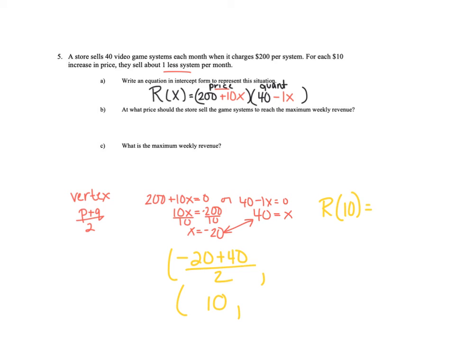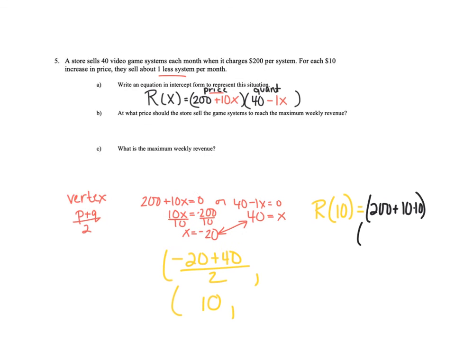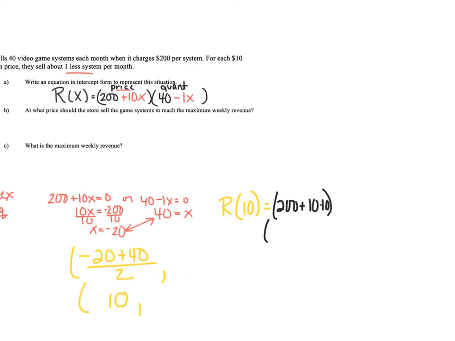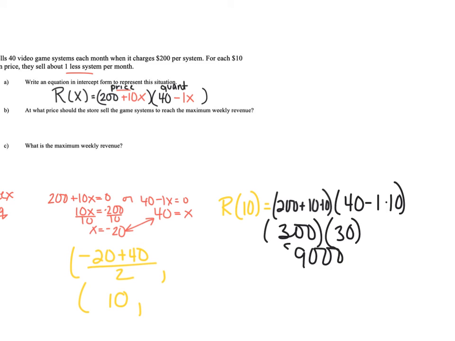I take my original function, the 200 plus 10x, and I plug in 10. 10 times 10 times 40 minus 1 times 10. That's going to be 300 times 30, which would be $9,000. So here's my vertex right here.